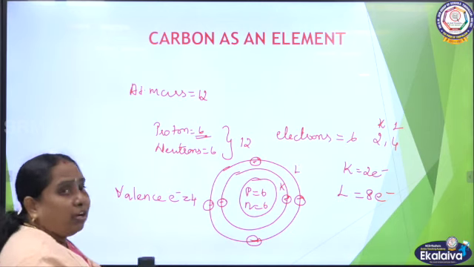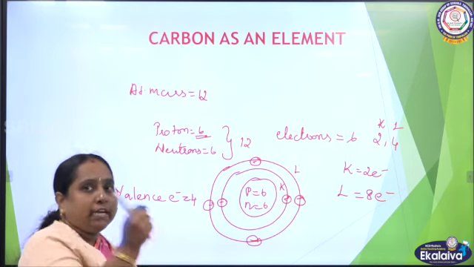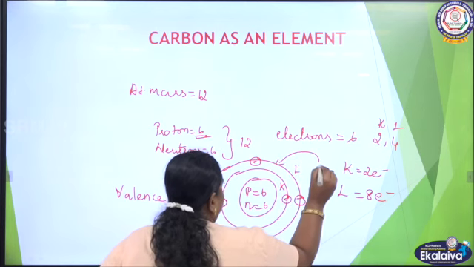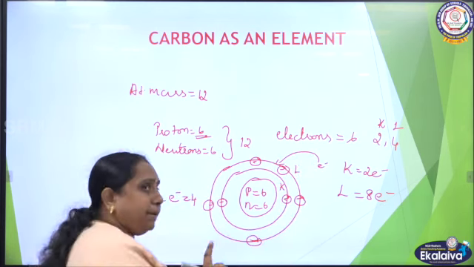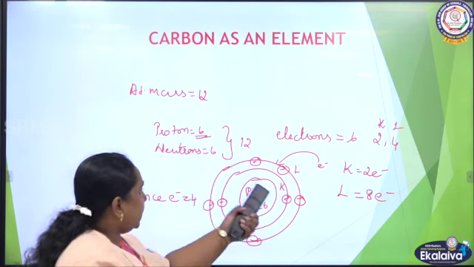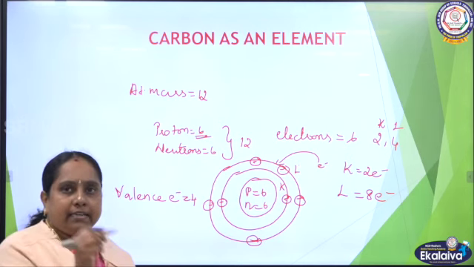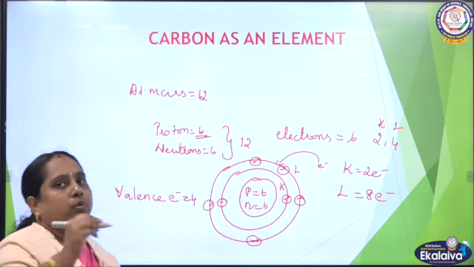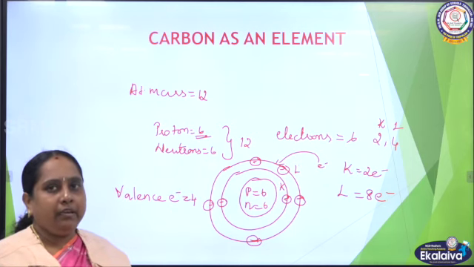Just imagine if one more electron is added to the carbon atom. The accommodation of the L shell is 8, so there is more space and you can add 4 more electrons, but to get that electron, the proton count should be enough to give the energy, the electrostatic energy should be equal.